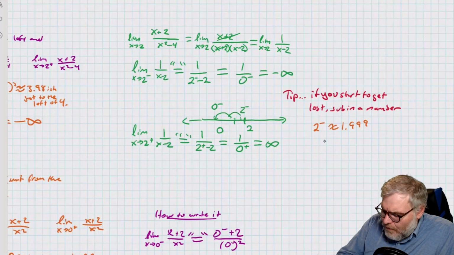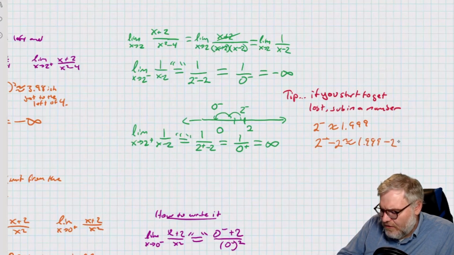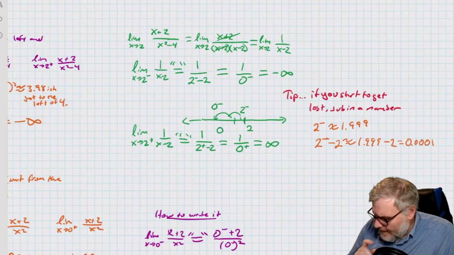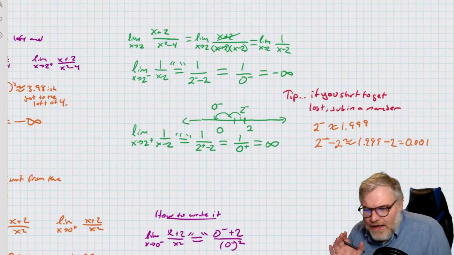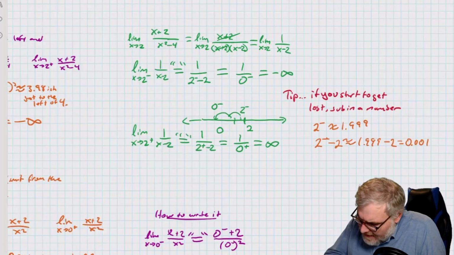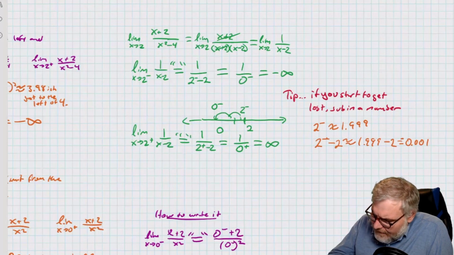So 2 left minus 2 is about 1.999 minus 2, and that's going to give you negative 0.001. And that's a negative number, by the way. So now I wind up with a number that's just to the left of 0.